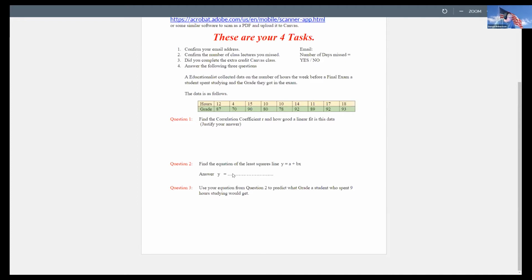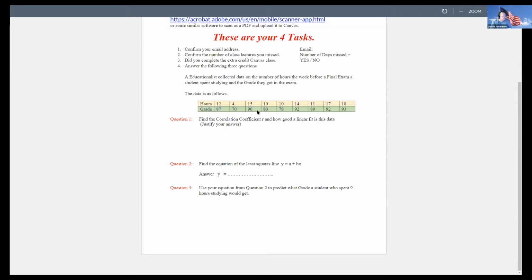And then you're going to use this equation to predict what a student who spent 9 hours studying would get. Now, I'm looking at the data, and the closest I have to 9 hours are these two, right? Agreed?